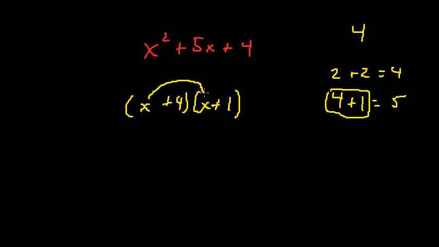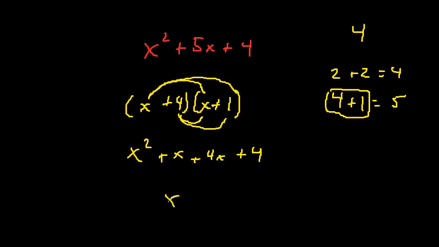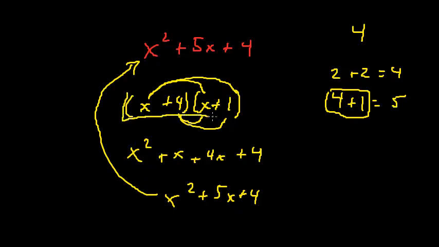I have x times x, which is x squared. x times 1 gives me x. 4 times x, 4x, and 4 times 1 gives me 4. I add my two middle terms, and I have x squared plus 5x plus 4. So indeed, I get back what I started with. So x plus 4 times x plus 1 was the correct factorization.